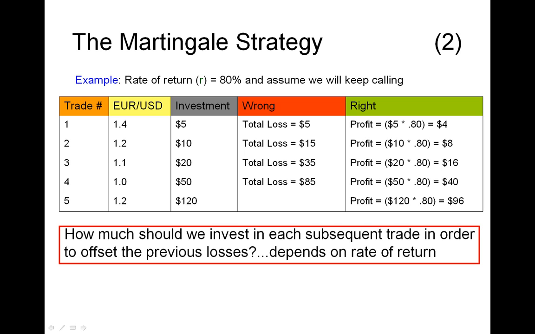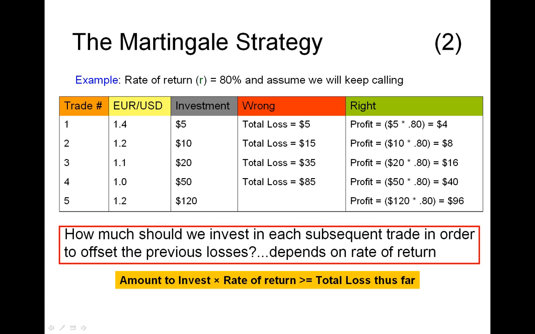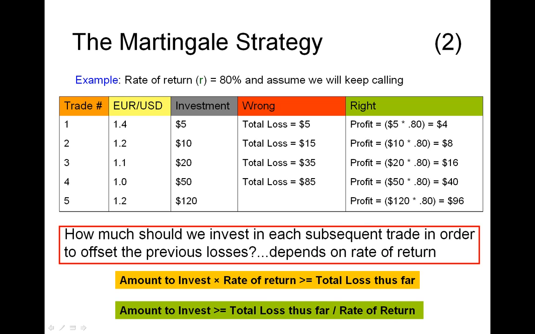Now, this depends on the rate of return. The amount that we invest times the rate of return must be greater than or equal to the total loss that we've incurred thus far. In our previous video, video 2, there was a small typing mistake here where I'd actually put the rate of return on the wrong side of the equation. I fixed this, but it's easier for us to view this in the following way.